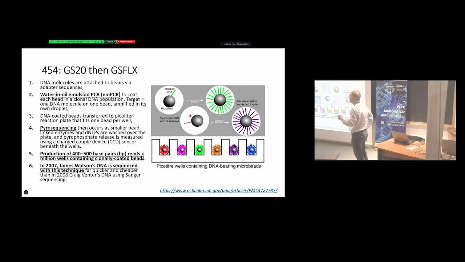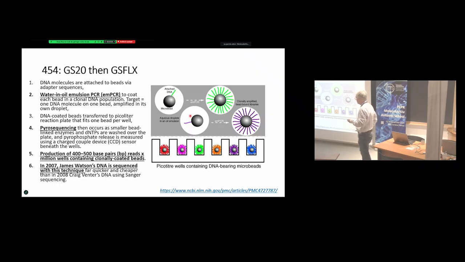And so this was the one technology that was largely used from the beginning of the 2000s to 2010, and in 2007, for instance, the DNA of the late James Watson was sequenced with this technique.